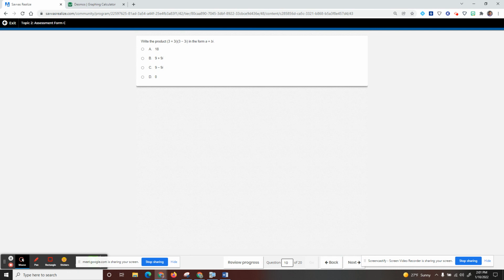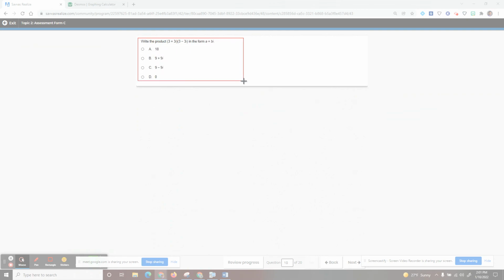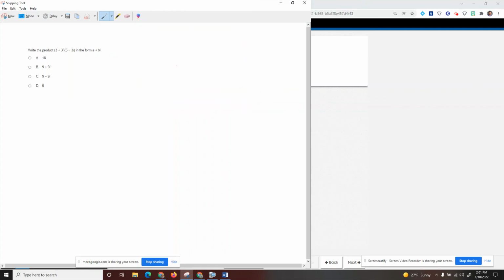Write the product of 3 plus 3i and 3 minus 3i. So we're going to take these complex numbers and multiply them together. One thing to note is that these two numbers, 3 plus 3i and 3 minus 3i, are conjugates. They are conjugates because they are the same terms and the signs are opposite.